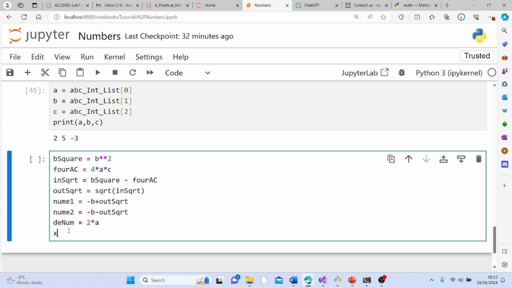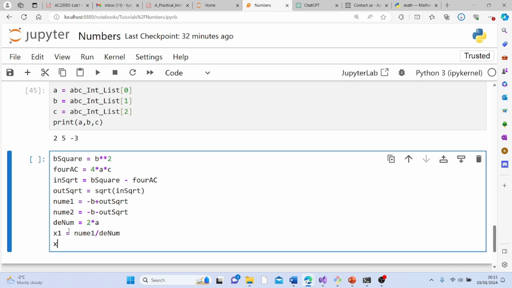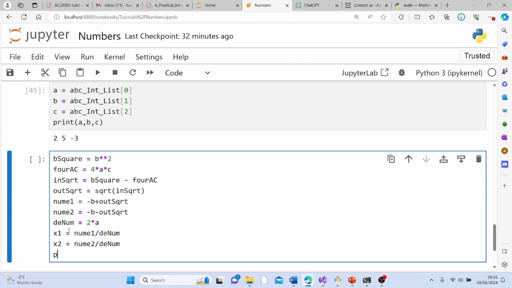Let's say x1 is equal to num1 over the denominator, and x2 is equal to num2 divided by the denominator. So we can print the outcome of our quadratic equation as x is equal to x1 or x2.